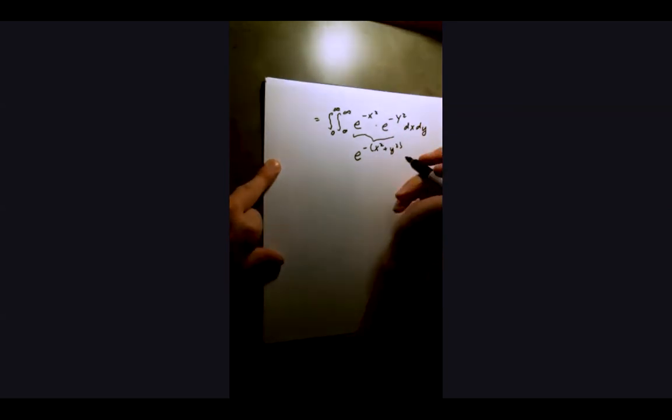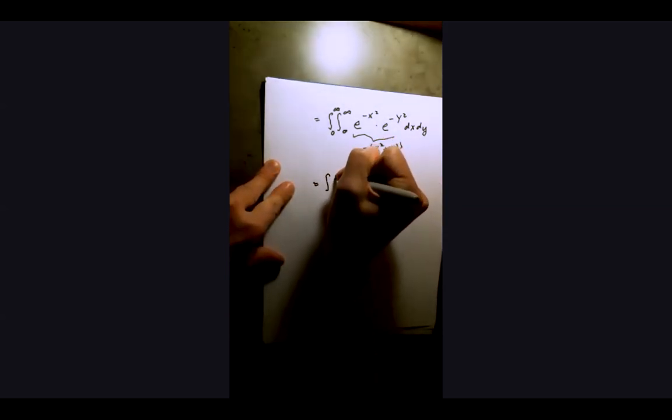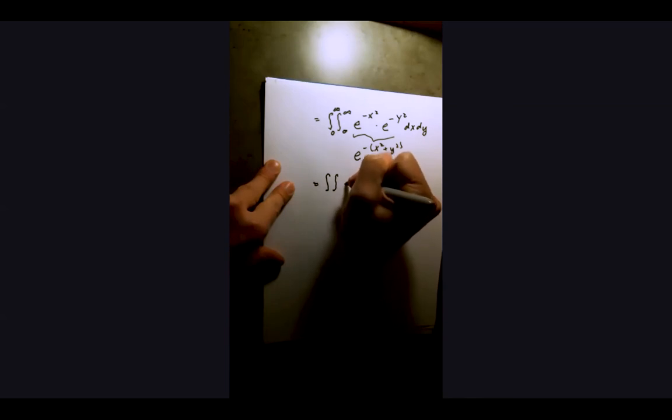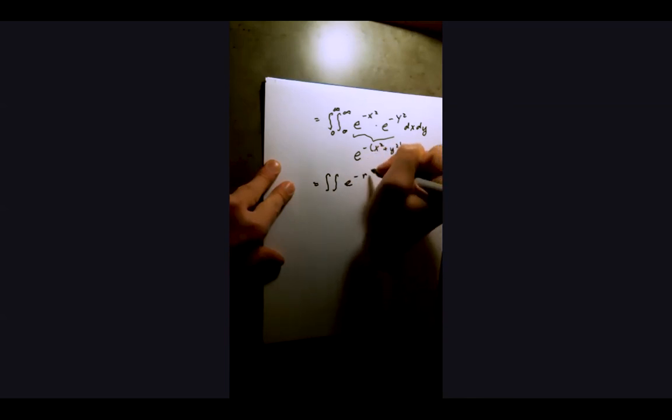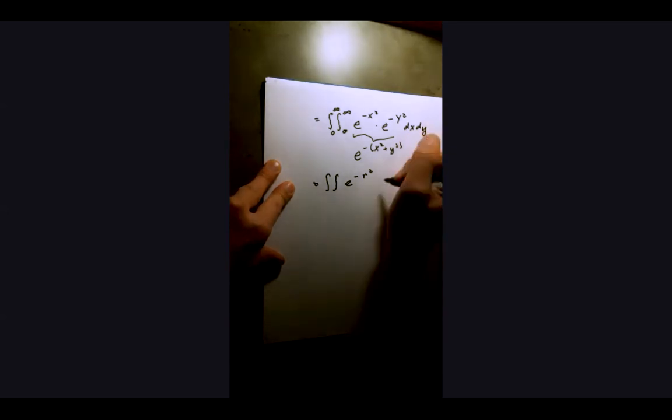So this is e to the negative x squared plus y squared, and we're thinking to ourselves, every day is a holiday, because this is going to be an e to the negative r squared. What's your dA, dx dy going to be replaced by? R dr d theta. So this is going to become r dr d theta.